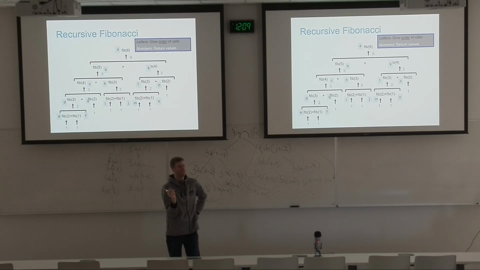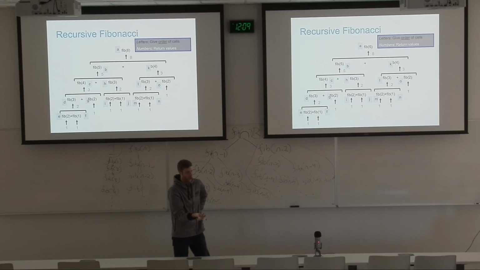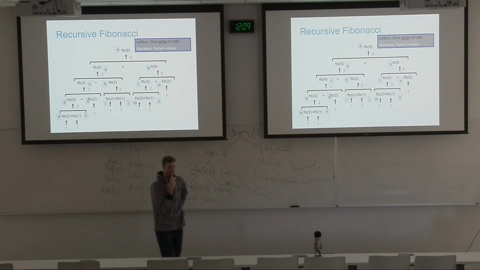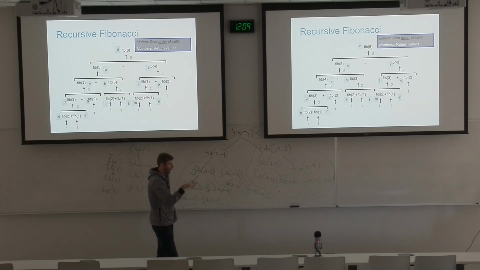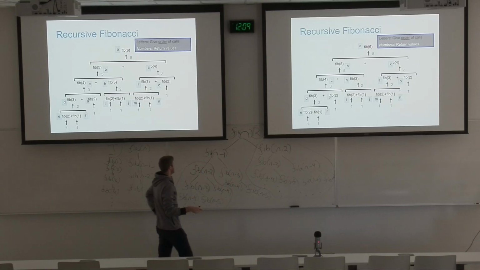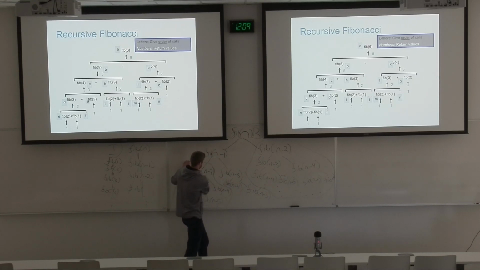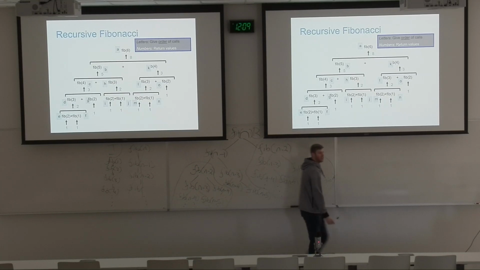Then, how many questions are we asking in total for the next level? 4. It's like we're doubling every time. It's like we're doing 2, 4, 8, 16, 32. I mean, if we kept going, we're going to be in big trouble. Here we've got 1, 2, 1, 2, 3, 4, 1, 2, 3, 4, 5, 6, 7, 8.